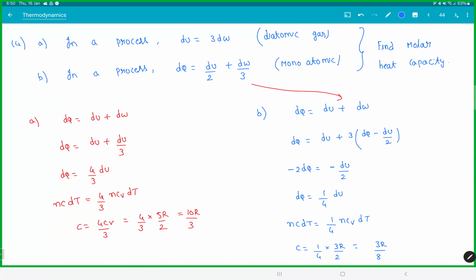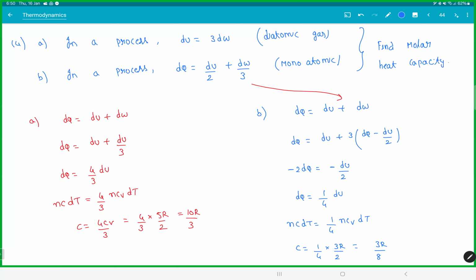Yeah. See where it went wrong. 13R by 12, how did you get it? 2 people. What did you guys do? You took diatomic, yeah? Why can't you take PdV as nRT? PdV is not nRT. PdV plus VdP is nRT. Who told you isobaric process? This is not an isobaric process, right?